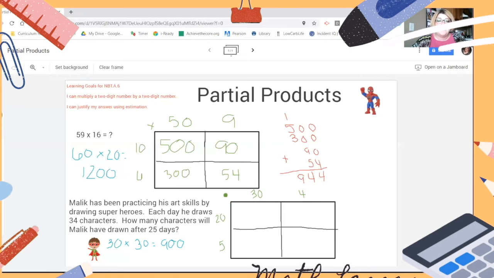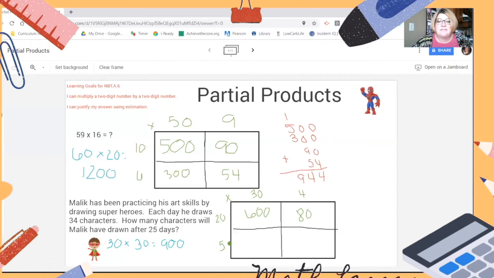And now we're going to do just like we did earlier, and we're going to multiply every single one of those boxes and put our answers where the boxes meet. So 30 times 20. I see 3 times 2, and I am sure that 3 times 2 is 6, and then I have my 2 zeros, so 600. 20 times 4, 2 times 4 is 8, and then my 0.